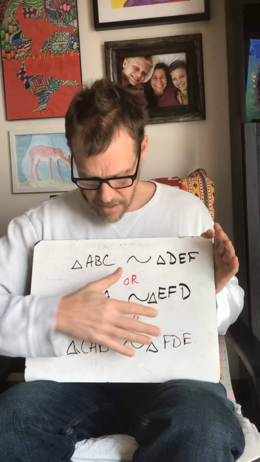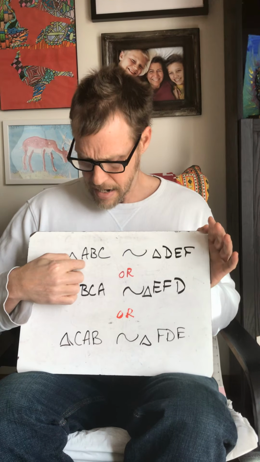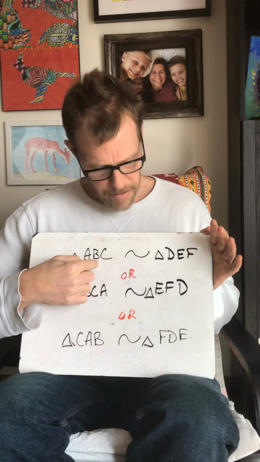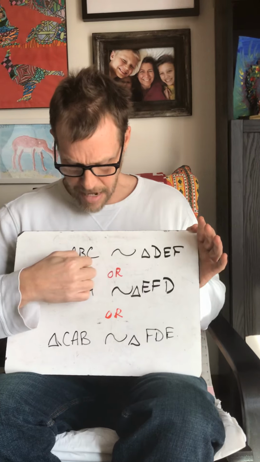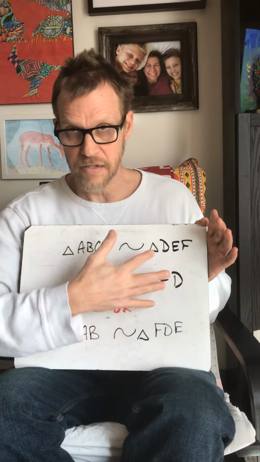You're basically saying triangle ABC is similar to triangle DEF. If you didn't have a picture, you could still tell me the corresponding parts because it goes in order. Angle A matches angle D, angle B matches angle E, and lastly, angle C matches angle F. So without a picture, you can still find those corresponding parts.